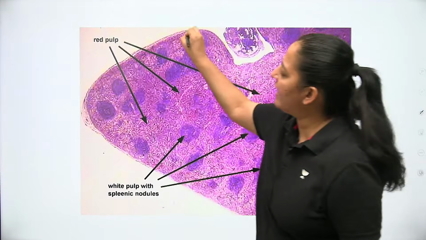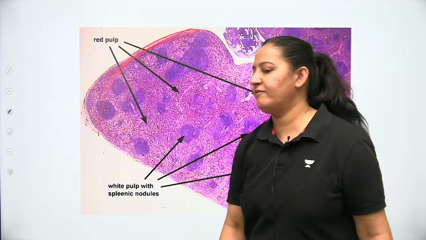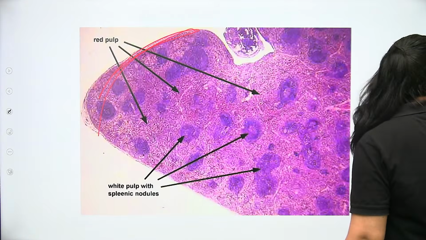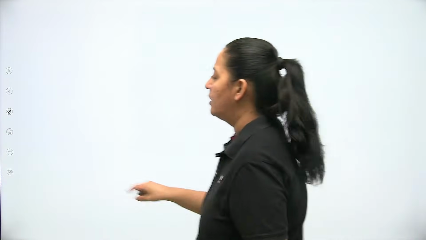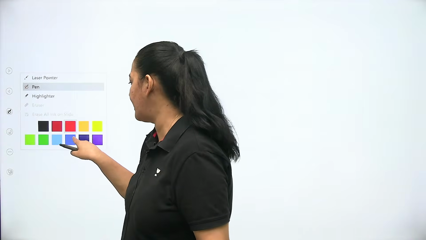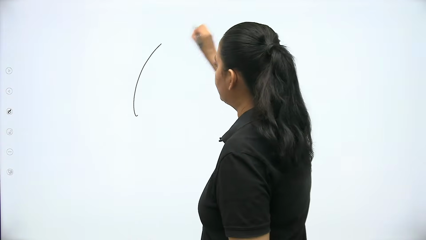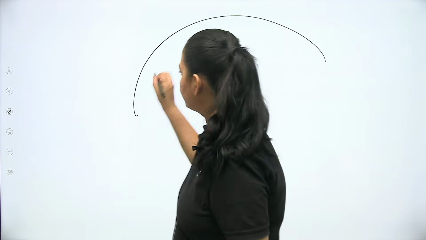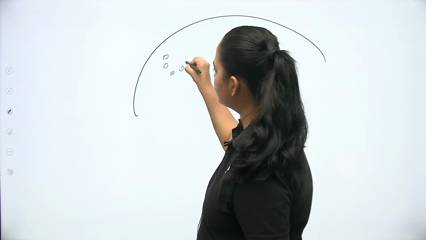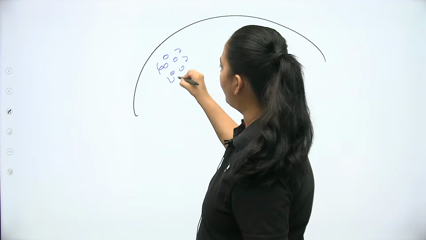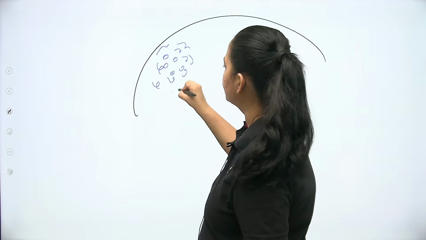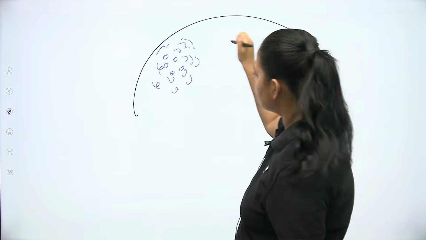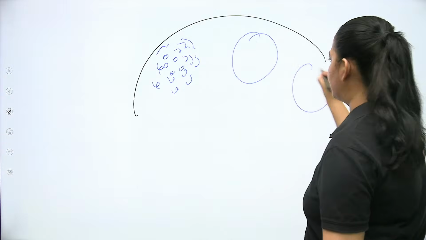Can you appreciate the spleen has a capsule? Inside the spleen we have 2 things, the red pulp and the white pulp. Can anyone tell me what is red pulp, what is white pulp? This is the spleen, the capsule of the spleen. Inside the spleen, we have follicles of lymphocytes. The lymphocytes are arranged in a circular manner and form circular follicles like this. They are multiple.